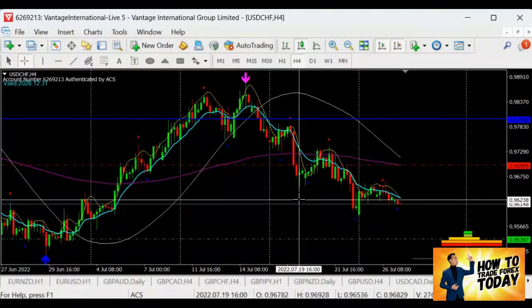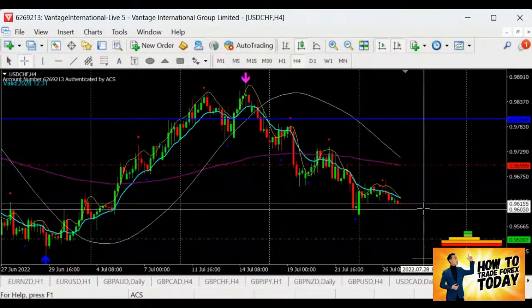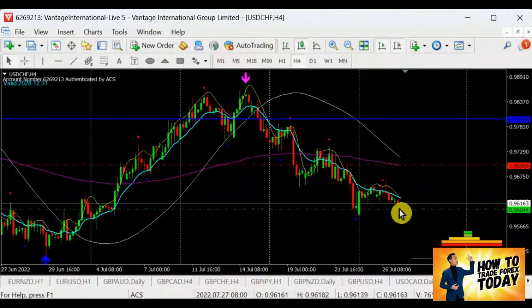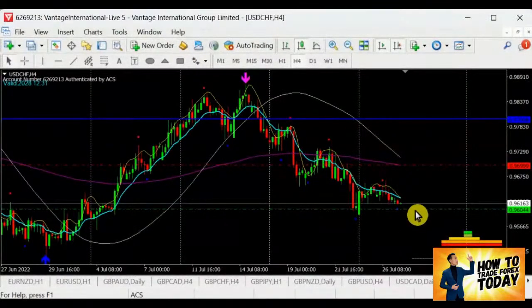Dollar franc looks good, but we have one support over here. This support is actually very near, so let's wait for this to break first. After it breaks, then retest the support to sell. So looks like we have selling of dollar franc again today.